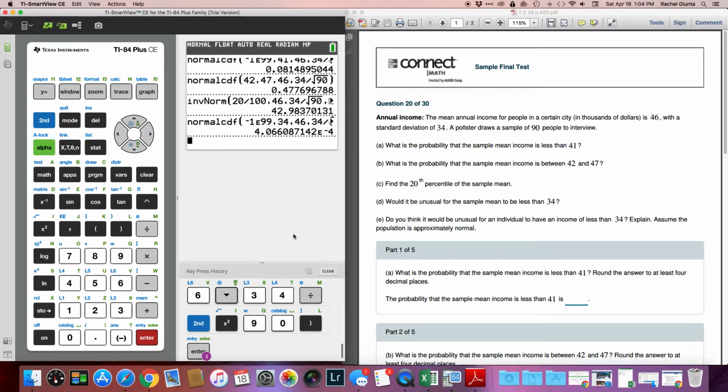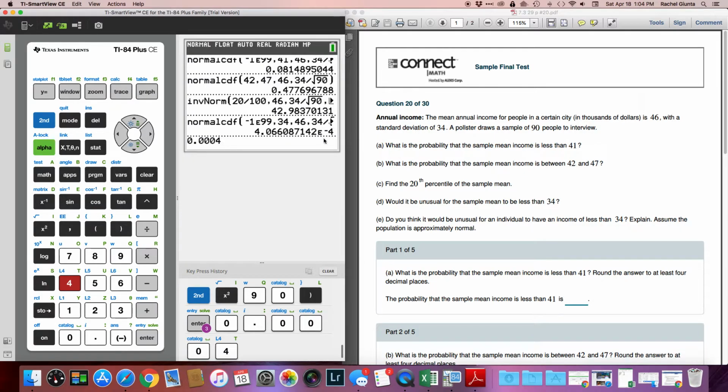So the way you would type it in would be like this, 0.0004. As long as you have a minus 4 over here, it's always going to be 3 zeros followed by the first number there, and you may or may not have to round that first number up depending on what number is directly after it.